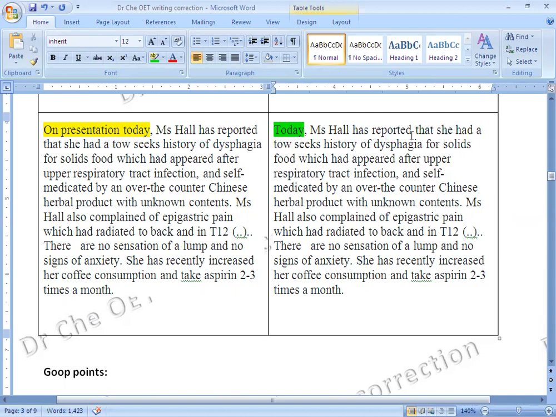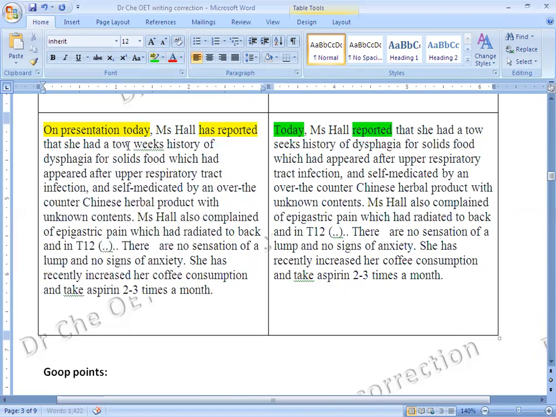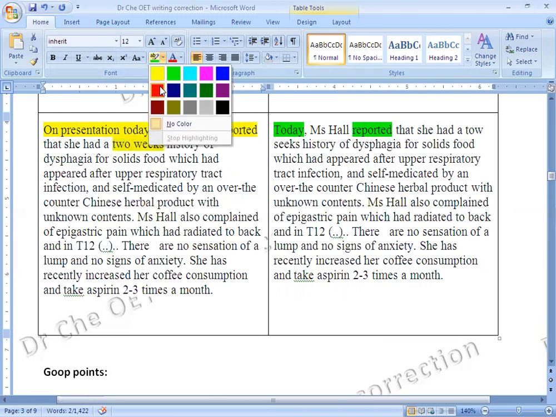Miss Hall has reported that she had a 2 week history of dysphagia for solids. We should go step by step. As reported is not wrong, but not good. We can simply say, today Miss Hall reported that she had a 2 week history. Here there is a grammatical error.